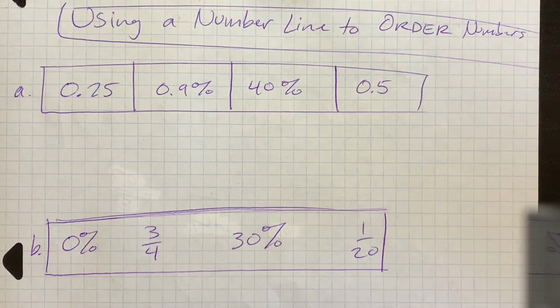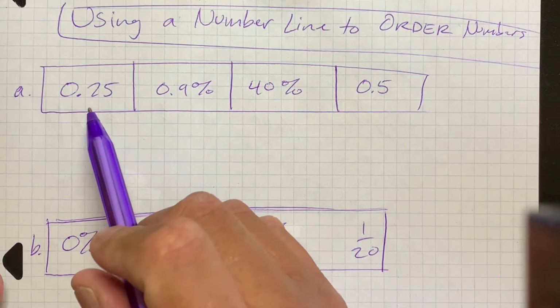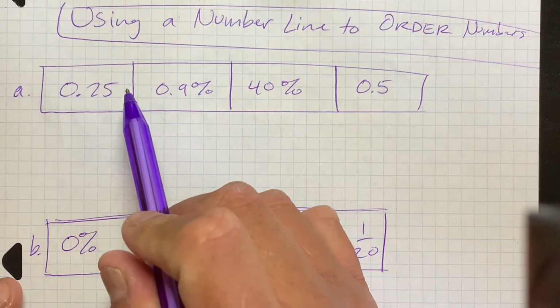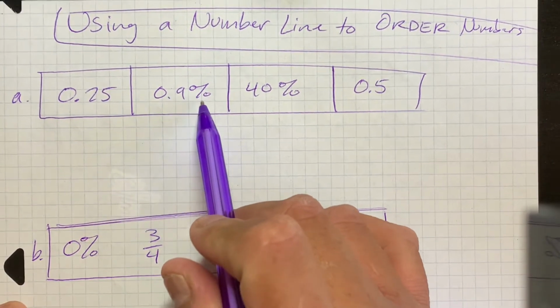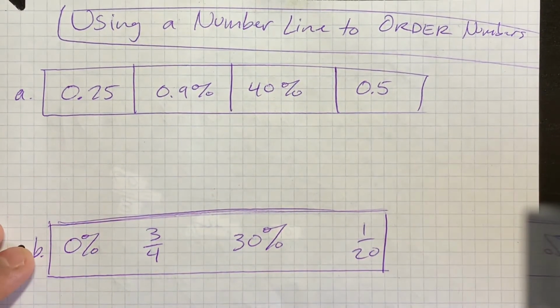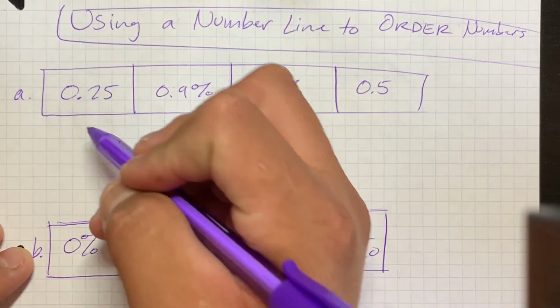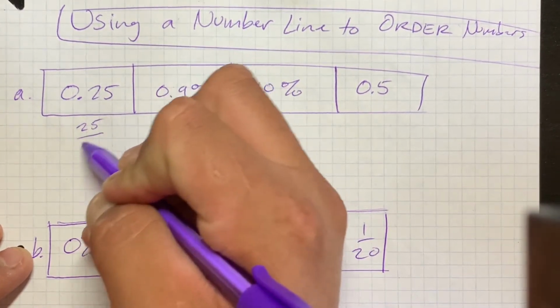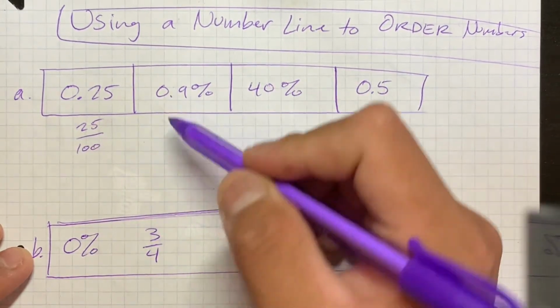All right, so in this example, we're going to be using a number line to order these numbers. Now again, we're going to compare fractions, decimals, and percents. The first one, we have 25 hundredths, and then we have 0.9%, 40%, and then 5 tenths. So if we look at this, let's make them all into fractions. So 25 hundredths is going to be 25 hundredths.